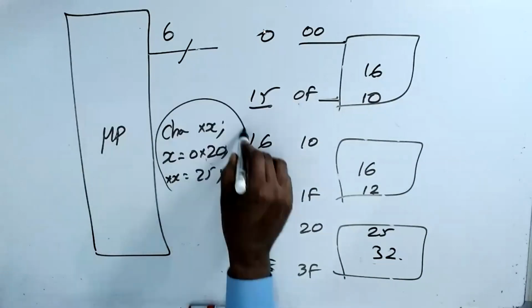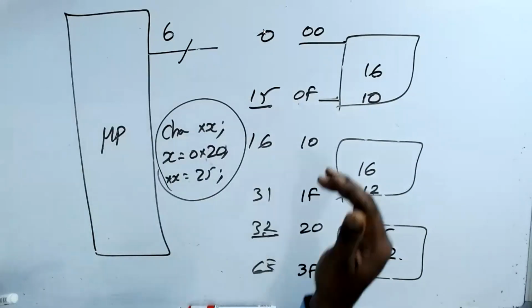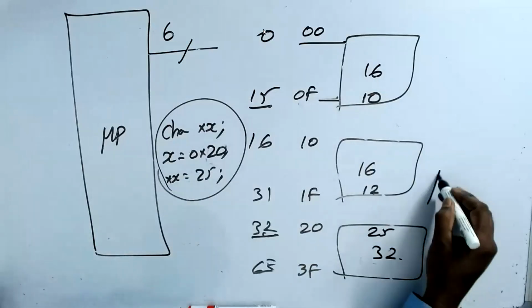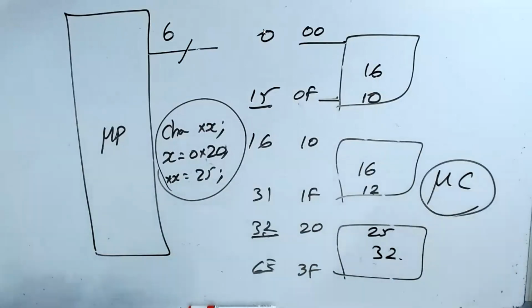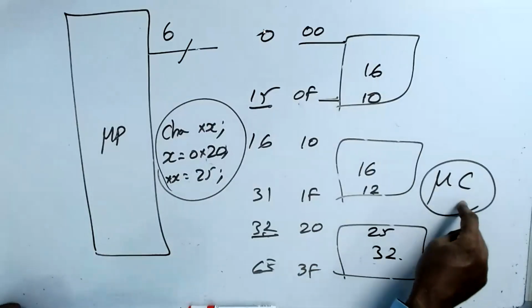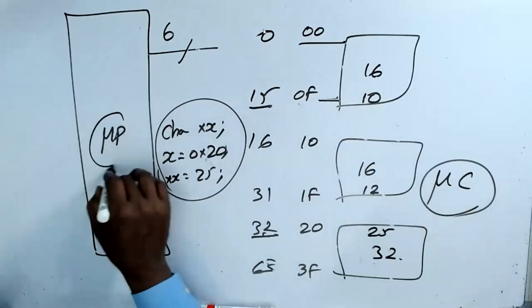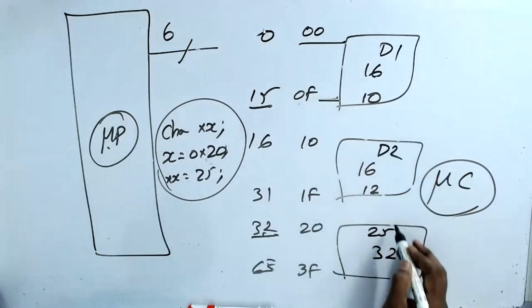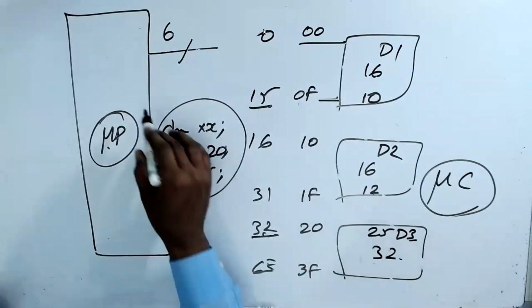We will connect more devices on Friday. Because if you don't understand this, you cannot understand microcontroller. To understand microcontroller, you need to know this: microprocessor, multiple devices, device 1, device 2, device 3, and how we are connecting them.